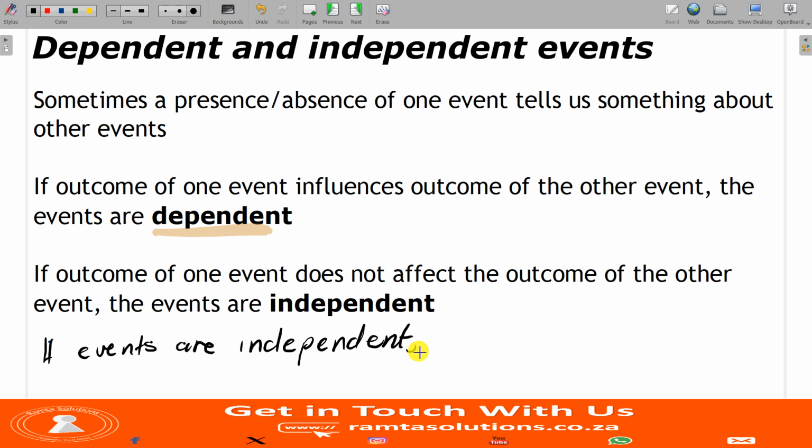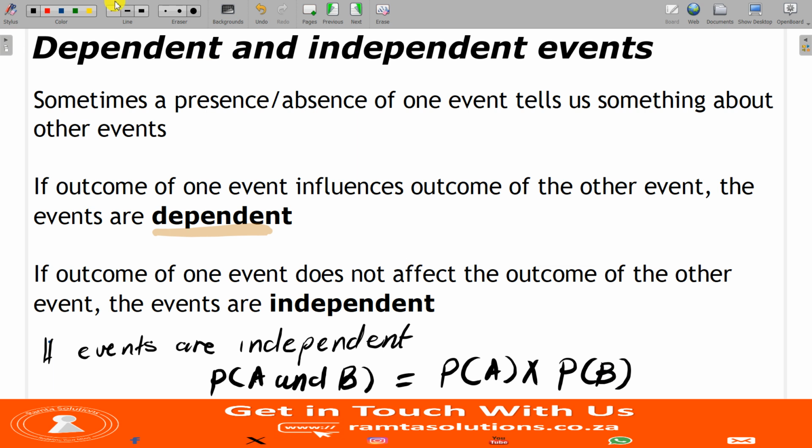Probability of event A and B will be equal to probability of event A times probability of event B. Remember guys, if events are independent, probability of event A and B will be equal to probability of event A times probability of event B. When you test dependence and independence of events, you must use this formula. We are going to explore it later. Let's get into the mathematics of it.